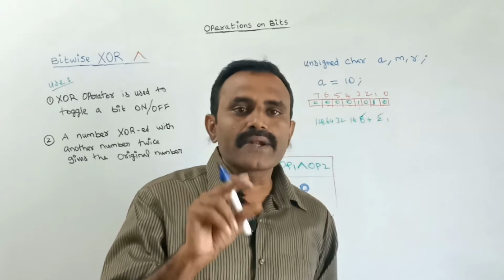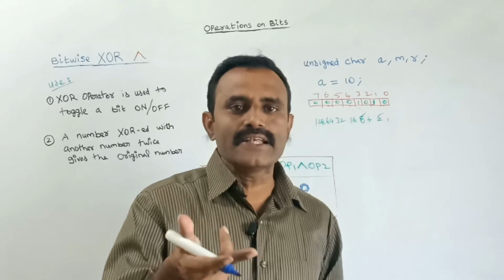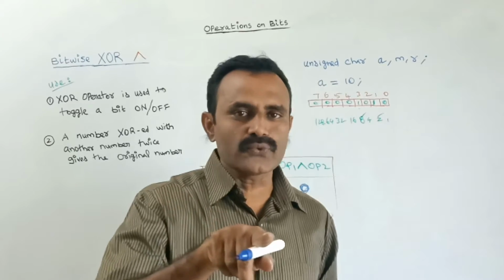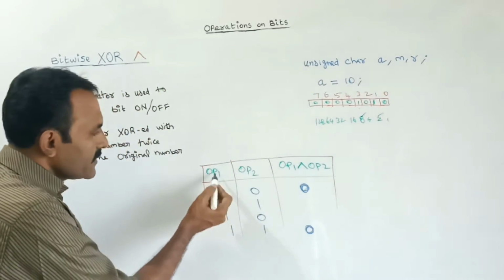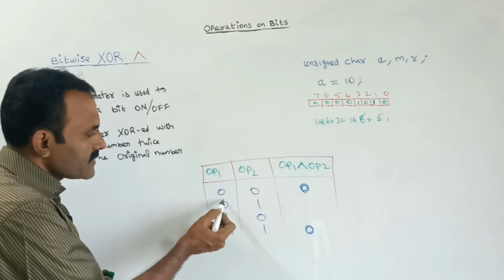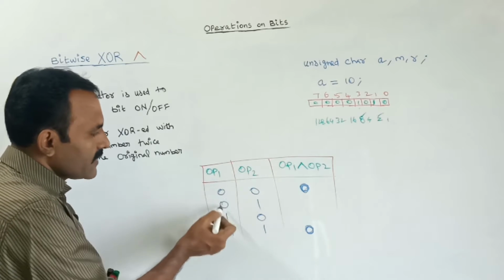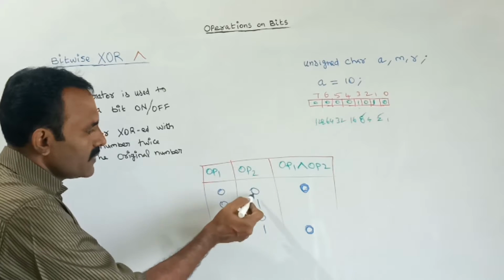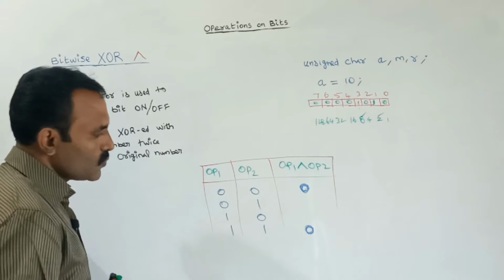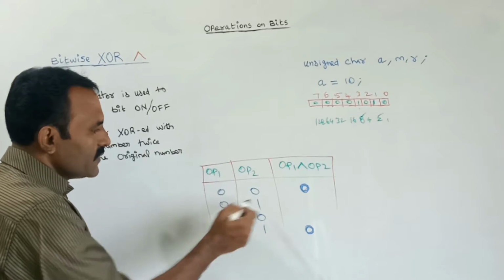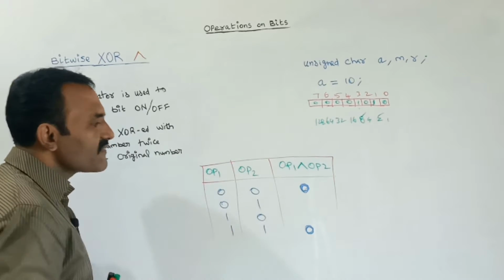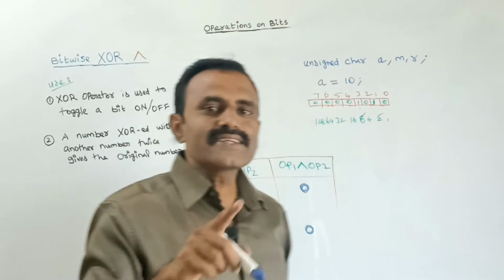If the operands have different values, then the result is true in the bitwise XOR operator. Here operand 1 has 0, that is false. Operand 2 has the value 1, that is true. Both operands have different values, so the result is true.